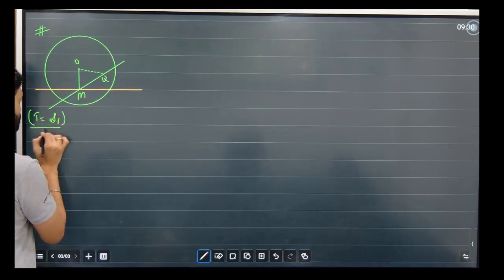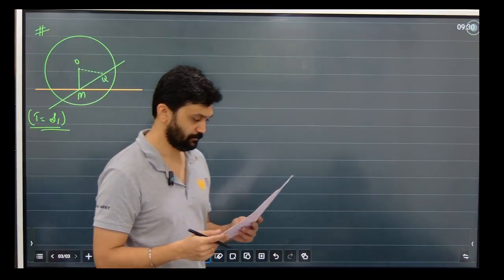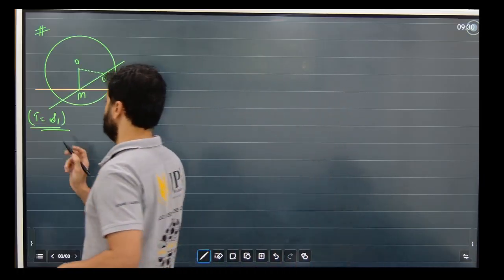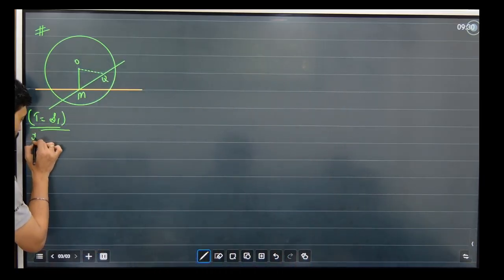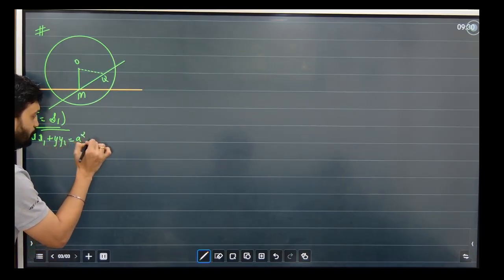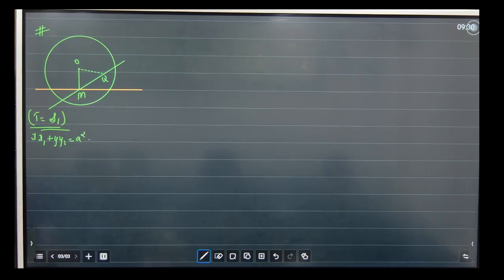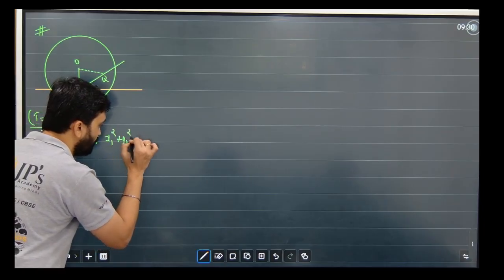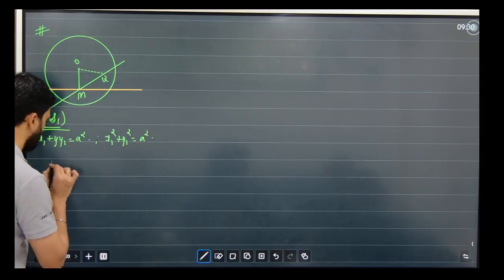T is equal to S1. Now, what do you understand by this? See, I know that T is equal to S1. So, T is nothing but x x1 plus y y1 is equal to a square, and S1 is the equation of circle, therefore x1 square plus y1 square is equal to a square.